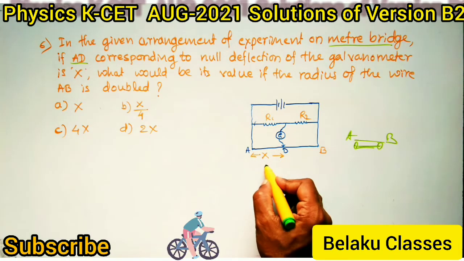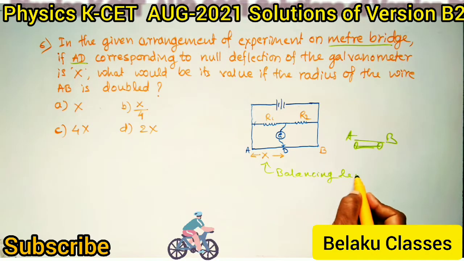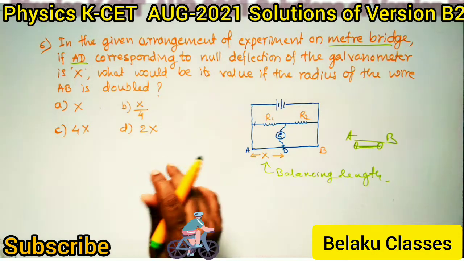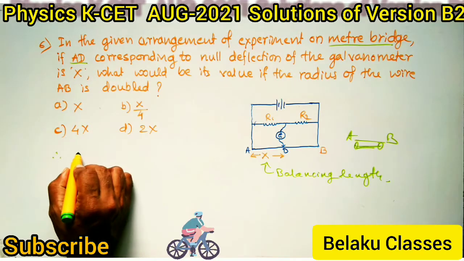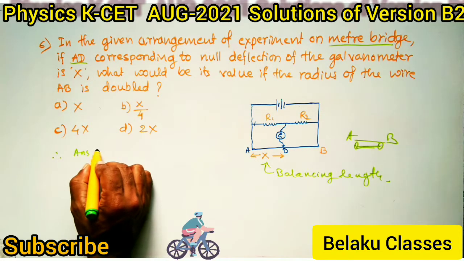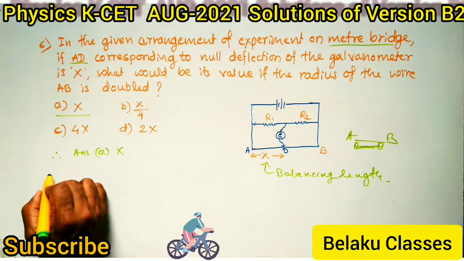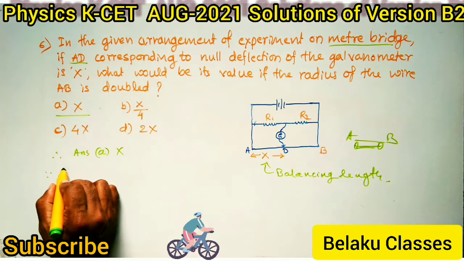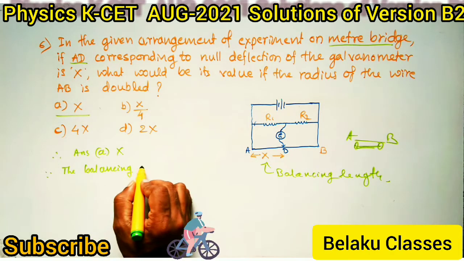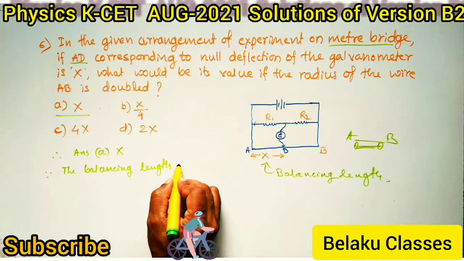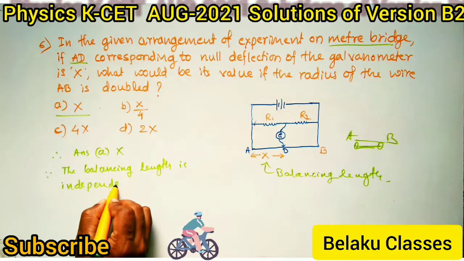But the balancing length for which the galvanometer shows null deflection is completely independent. The balancing length is completely independent of the radius of the wire AB. Therefore, the answer is A, that is X. That means the value of balancing length AD is equal to X remains same.